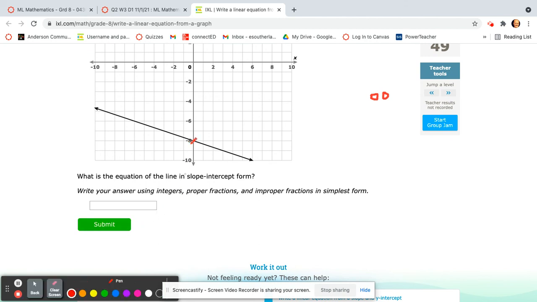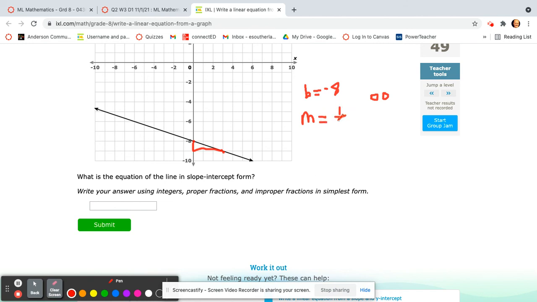For this one, we have right here is our y-intercept. The b is -8. And you'll notice that it goes to there. So it looks like we're going to go here to here. So our m is 1 over 3.